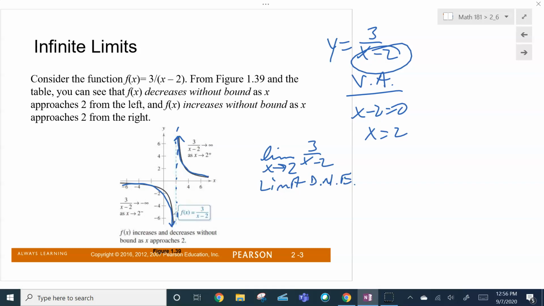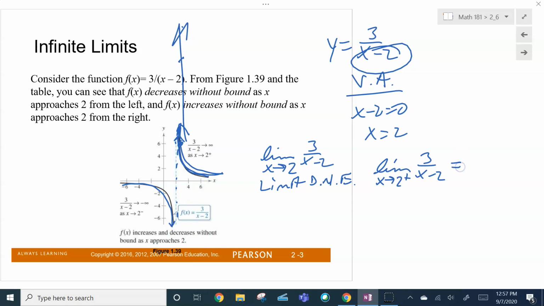But we're going to try and describe this a little bit more. What if we just looked at it from the right-hand side, as x approaches 2 from the right of this function? Now we notice, what's it doing? It's shooting us up. Remember how we picked 2.5 and it gave us 6, and then we picked 2.1, we were clear up here at 30, and so on. It keeps shooting us higher and higher and higher.